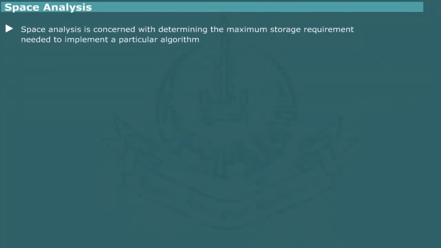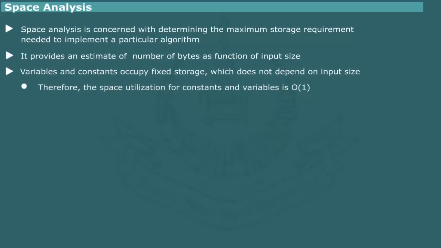Space analysis. Space analysis is concerned with determining the maximum storage requirement needed for an algorithm. The analysis, in essence, estimates the number of bytes as a function of input size. Since variables and constants occupy a fixed amount of storage which does not depend on the size of the problem, the space required is expressed as O(1).